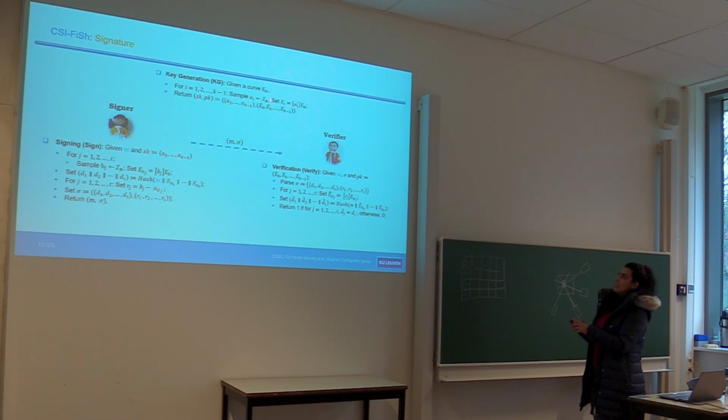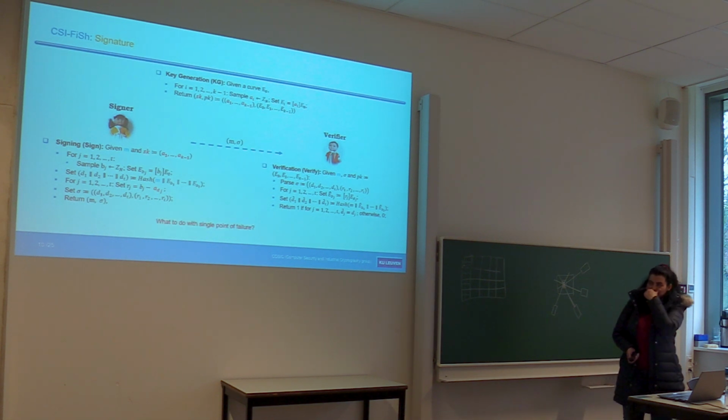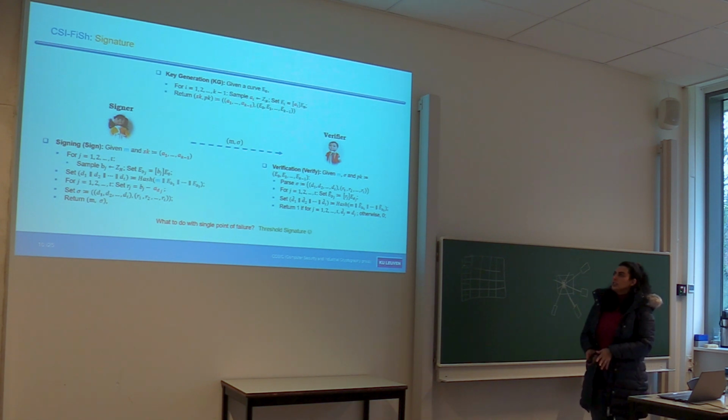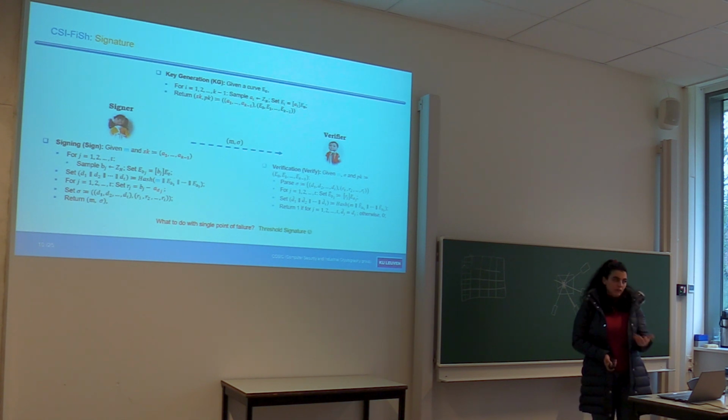The other part is that when we look at threshold signatures, in the threshold version we do not distribute verification, because anyone who has the verification key can verify easily.